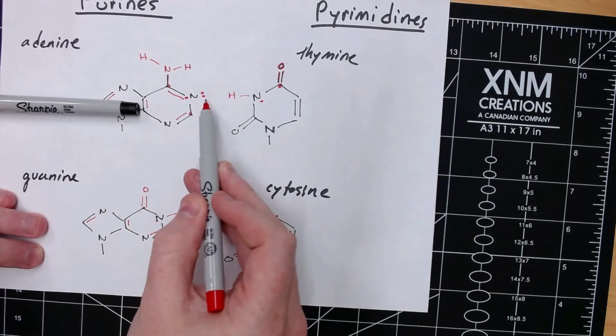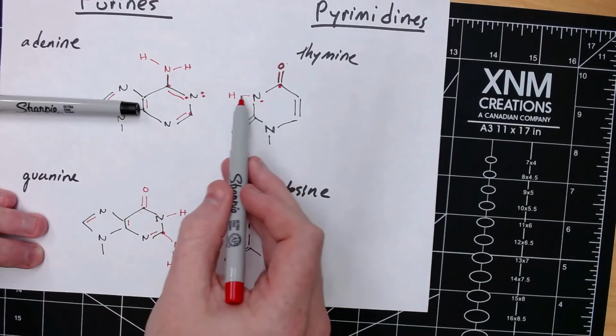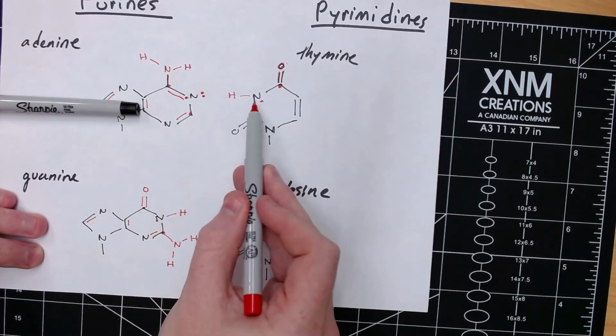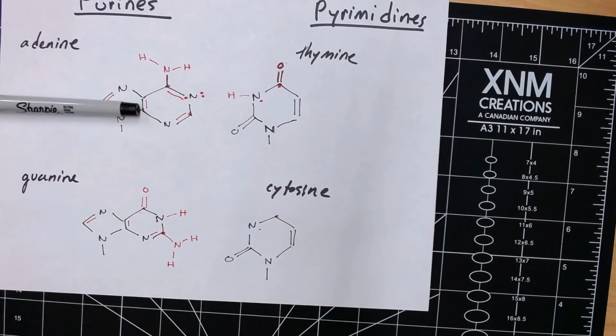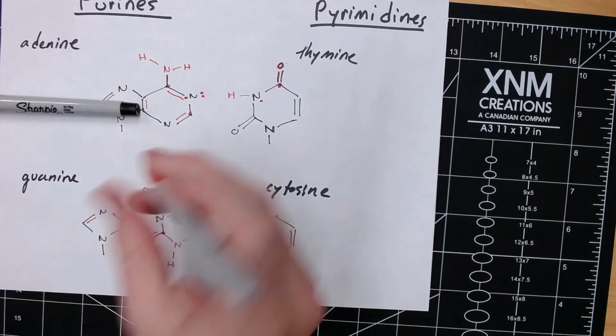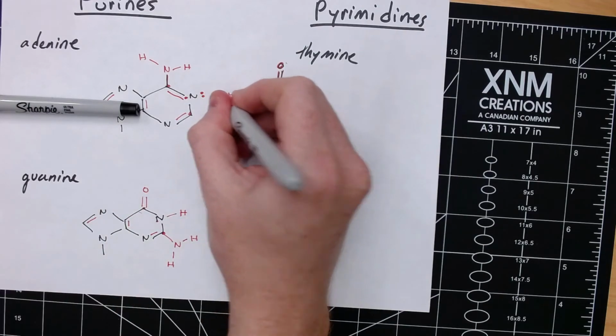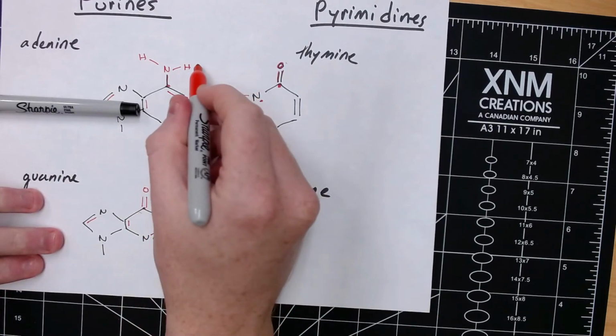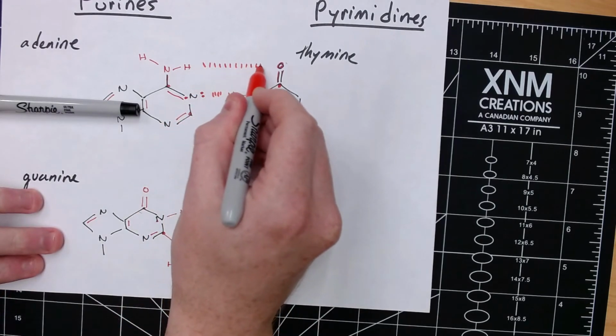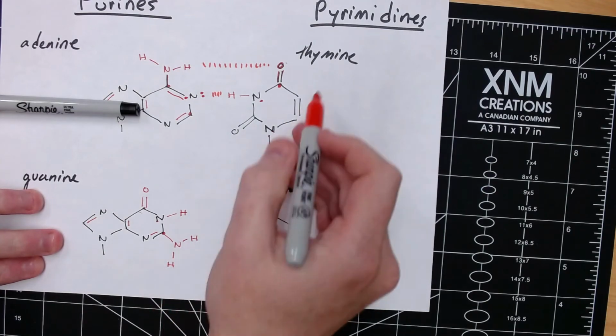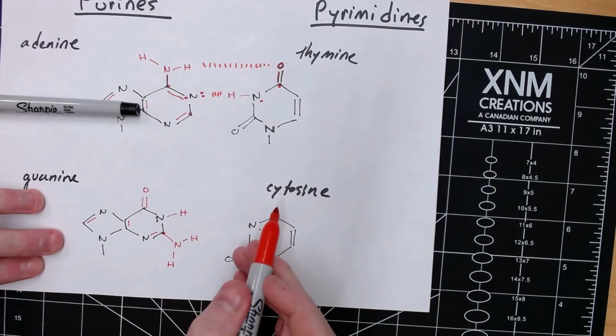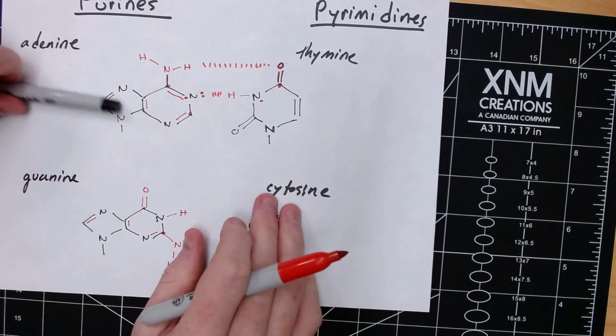which also should have been obvious to us, because if this nitrogen has a lone pair and is acting as an H-bond acceptor, then we better have an H-bond donor in this position. And so without really even having to think about it, by simply filling in the hydrogen bonds that we expect to form with the adenine scaffold, we were able to derive the thymine structure that you see here.